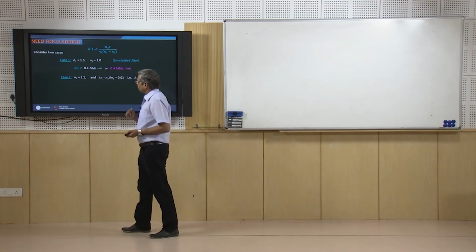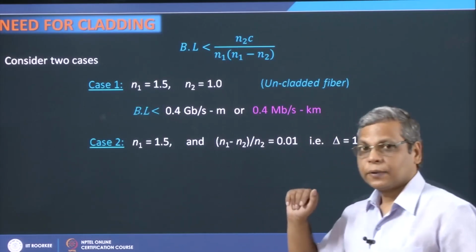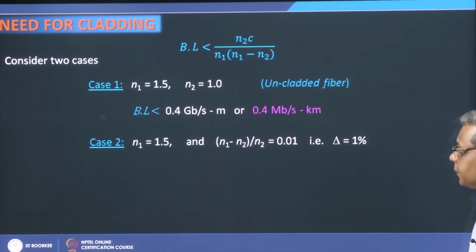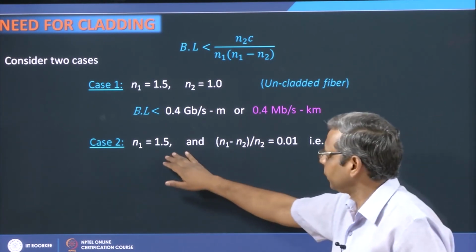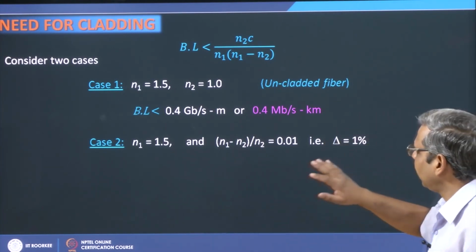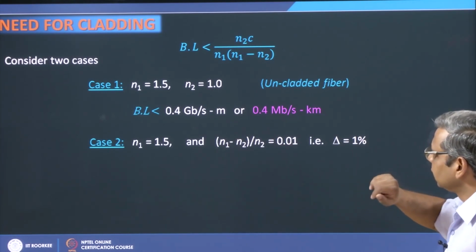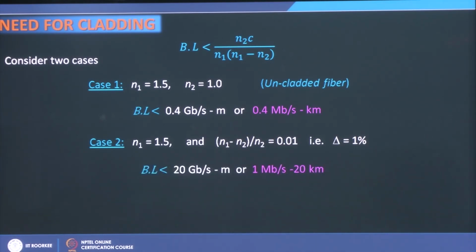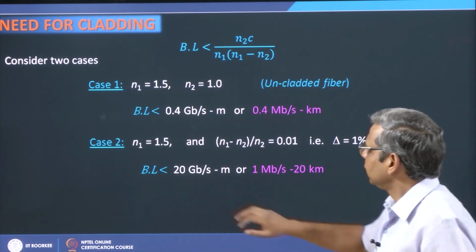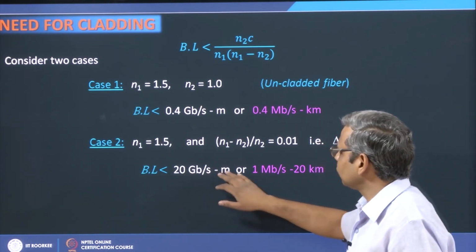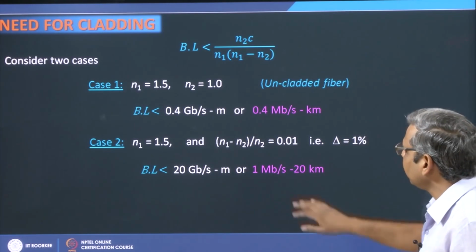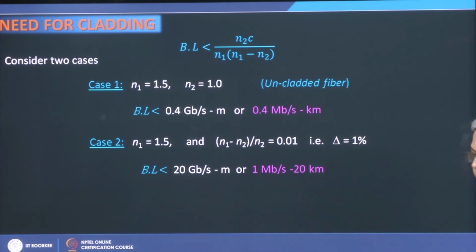Now, let me take another case which is of cladded fiber where n1 is equal to 1.5 and delta, the relative index difference, is 1%. Then what is B times L? Then B times L comes out to be 20 Gbps over 1 meter or 1 Mbps over 20 kilometers.